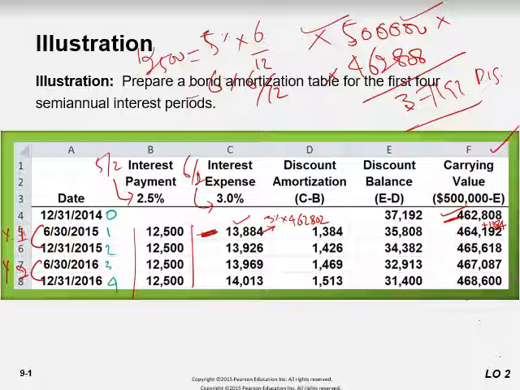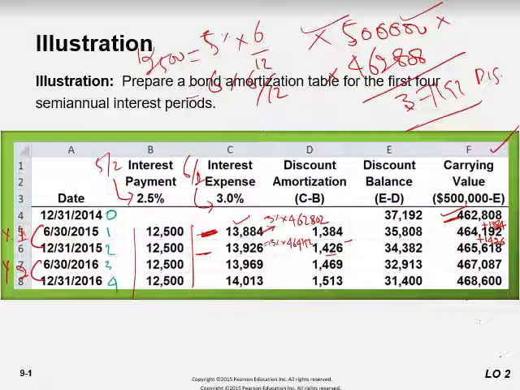So the next one, where this came from, it is equal to 3% multiplied by 464,192. The answer would be 13,962, and the difference between them is 1,426. This would be added here, and when you add this 1,426, the answer would be 465,618.